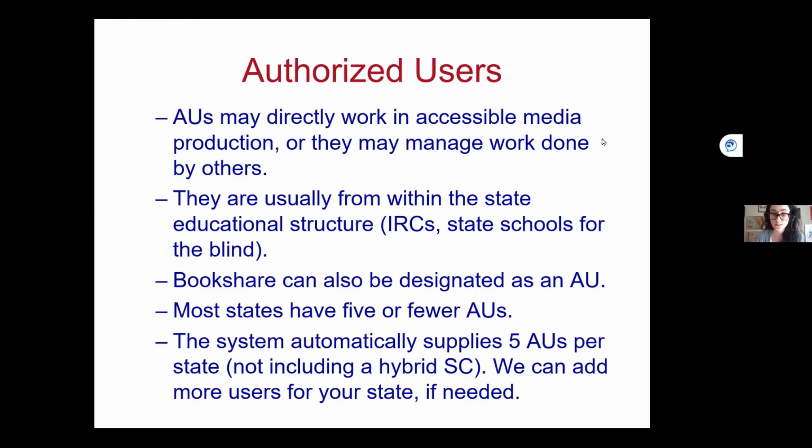Bookshare can also be designated as an authorized user and is designated by many states. Most states have 5 or fewer authorized users. That is our system default. We automatically supply 5 authorized user slots per state, not including if you are a hybrid state coordinator. But we can add more users for your state if you need that.